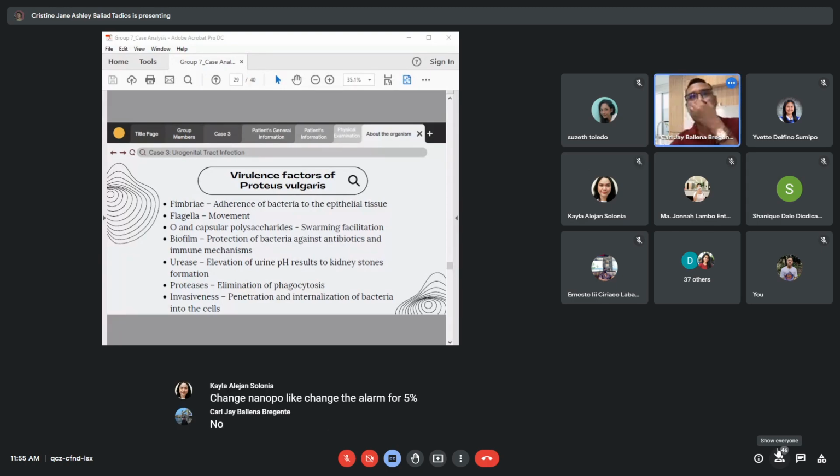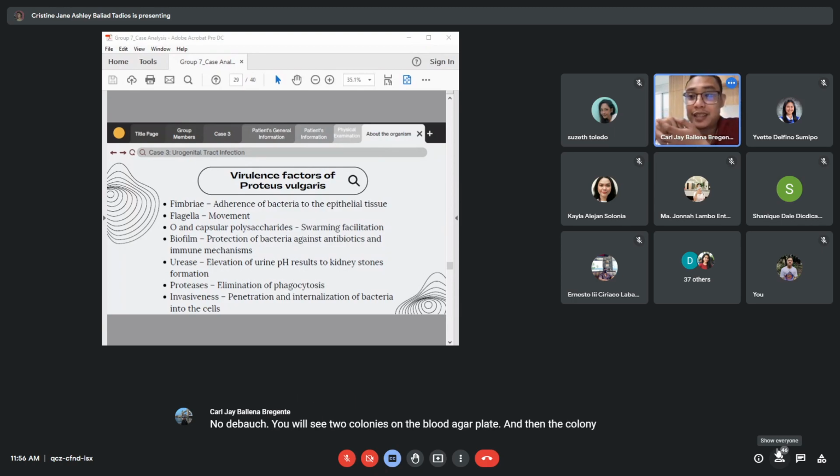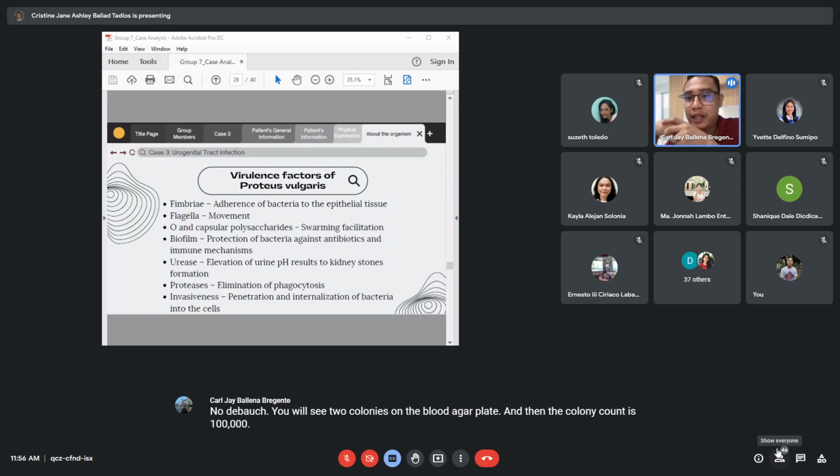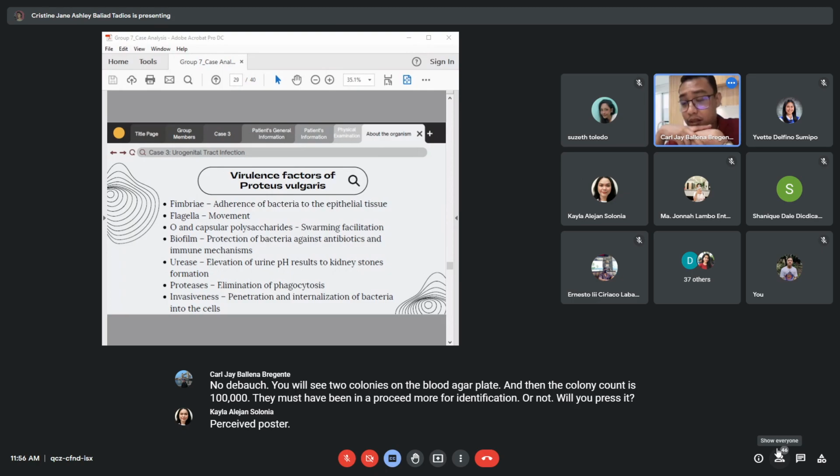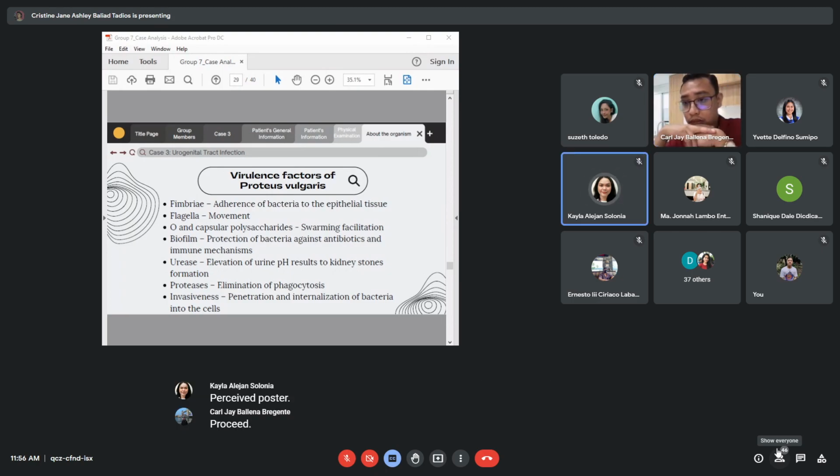You will see two colonies on the blood agar plate, and then the colony count is 100,000. Earlier you said, will you proceed for identification or not? Will you proceed? Proceed, sir. You will identify the two colonies?